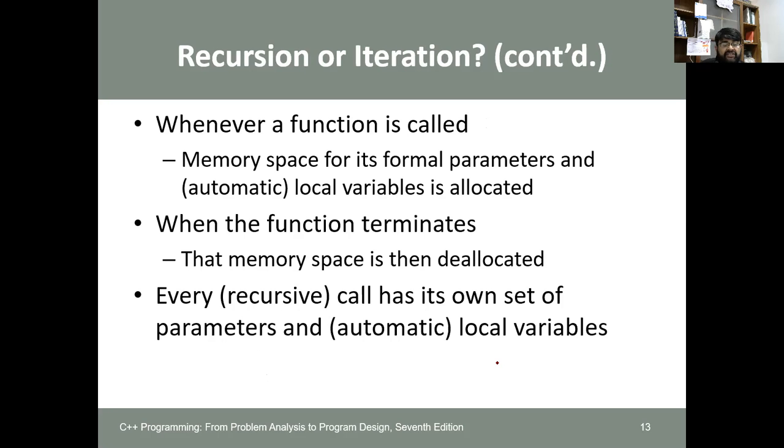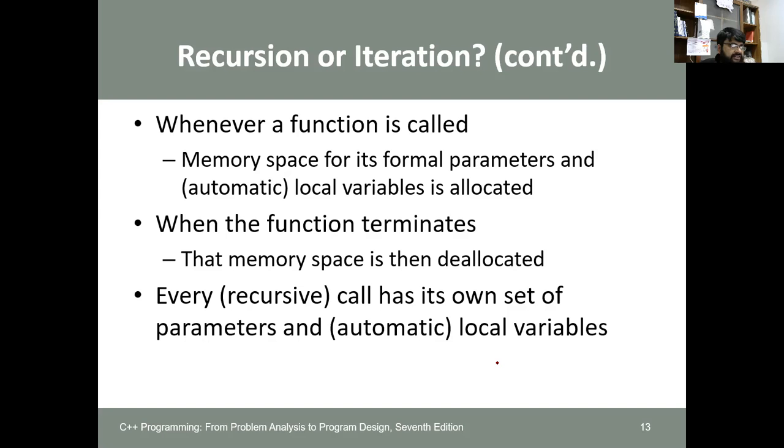So whenever a function is called, like I said, some memory space for its formal parameters and automatic local variables is allocated. A new memory space is always allocated for the formal parameters passed to a function, and for the local variables that are created, automatic or otherwise.